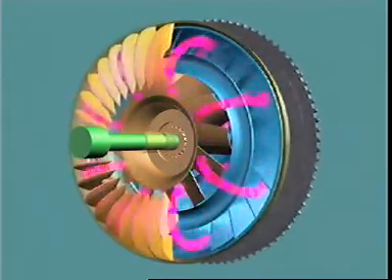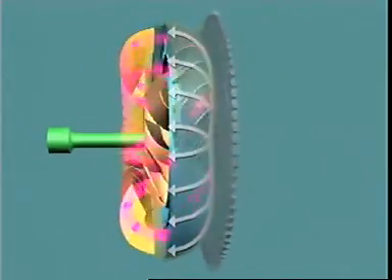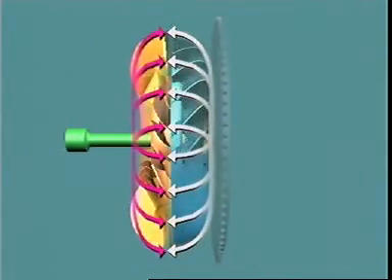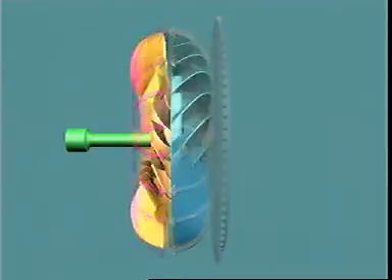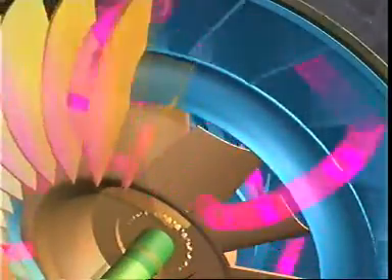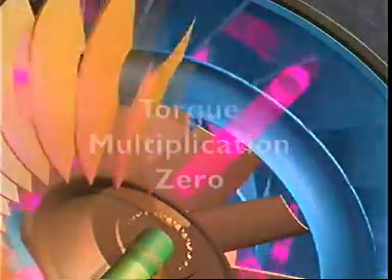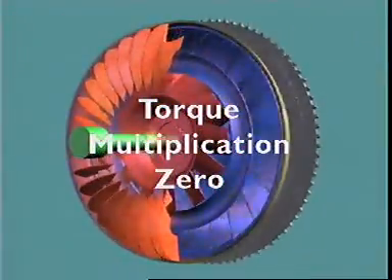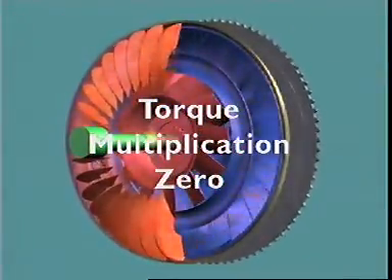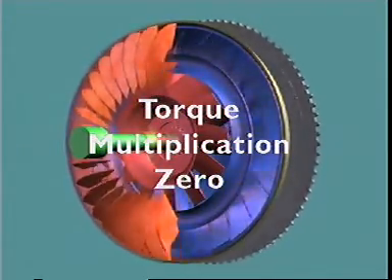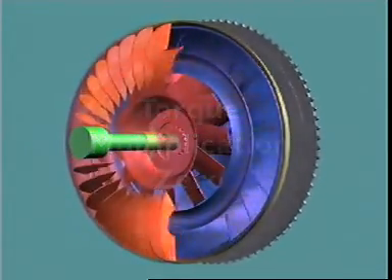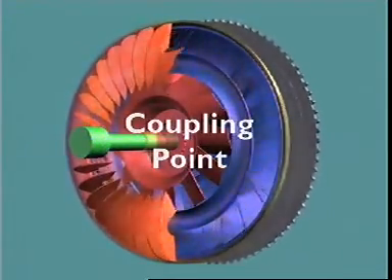This subjects the fluid in the turbine passages to centrifugal force, which slows down the circulation between impeller and turbine. When turbine speed reaches around 90% of impeller speed, torque multiplication falls to zero. Torque transfer from impeller to turbine is then about 1 to 1. This is known as the coupling point.